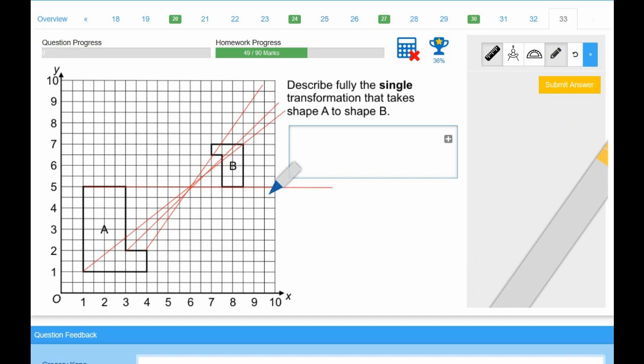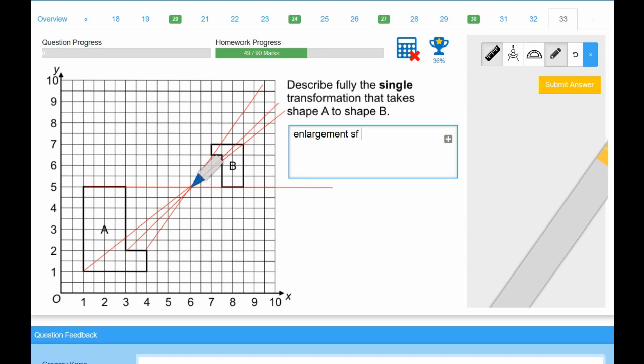And I can see that indeed my points do seem to be coming together just here. And so that would be 6 along and 5 up. So it looks like we have an enlargement of scale factor. Let's call it SF just for now.